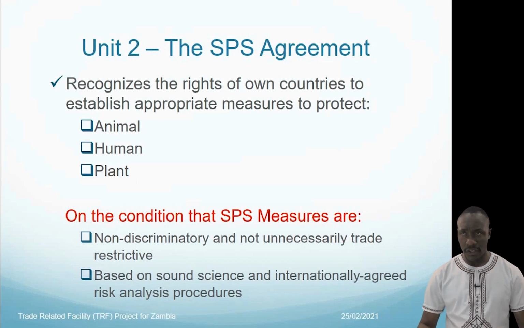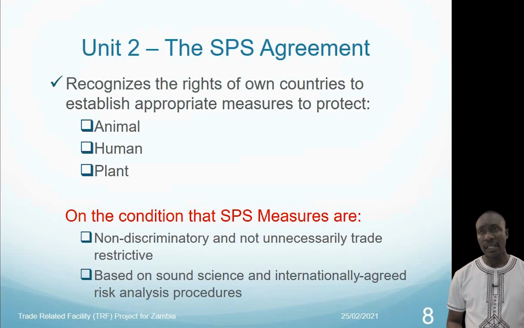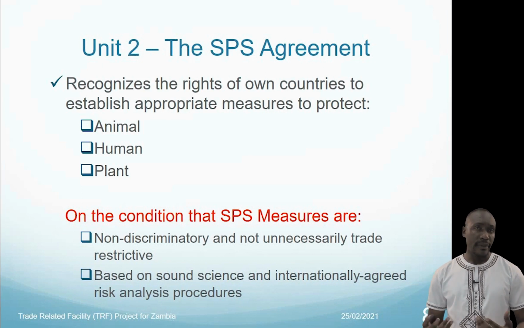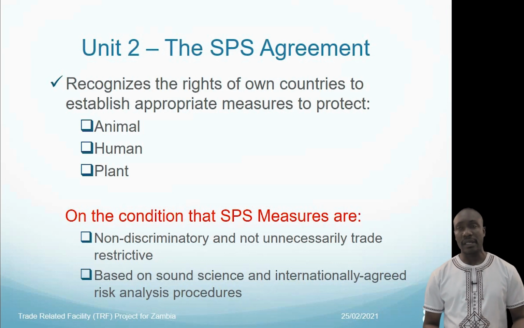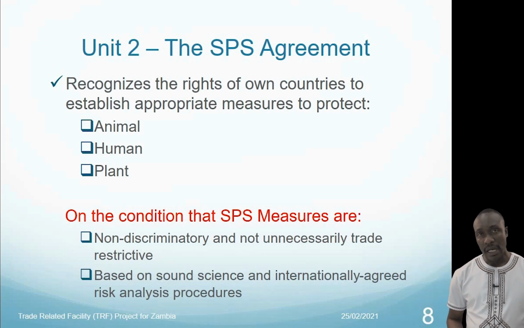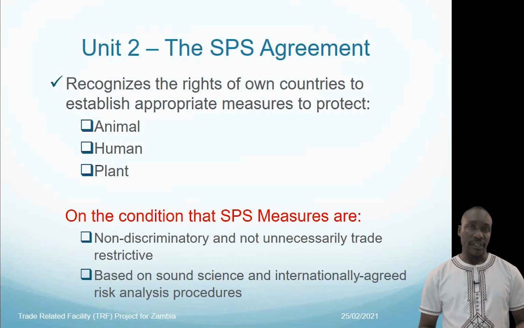In the territory, you find things like the population, the people involved. You also find plants, and you also find animals. These can be domestic animals or wildlife. We have all that sphere that you call the territory.